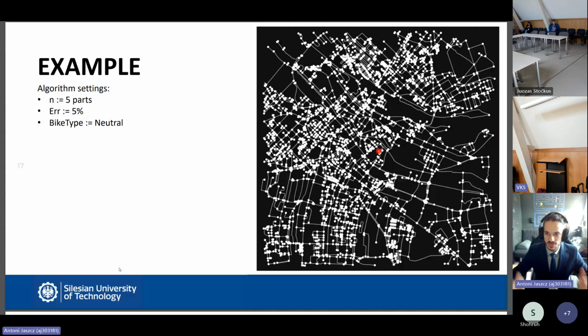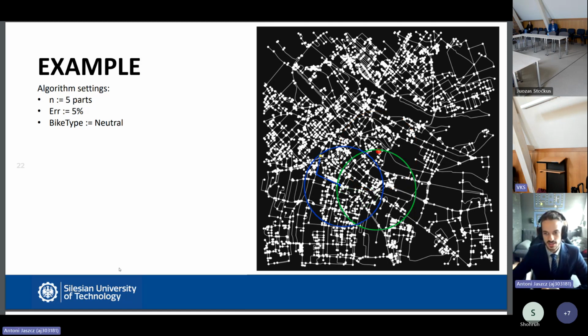To give you a better view into the working of the algorithm itself, here is a short example. So beginning from the center point, we consider only the nodes at a certain distance from the starting node. And we choose the best fitting node to go to. Then in the second iteration, we do the same, looking for nodes in the green area. But when choosing the best one, we also consider the distance from the previous node.